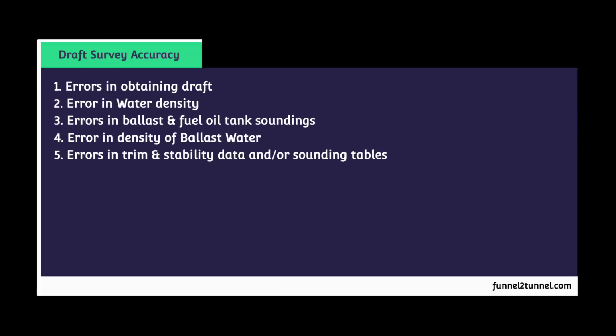As you know, the accuracy of the draft survey depends upon many factors involved during each stage of the survey. Just imagine a case where you failed to observe the draft carefully. Or the density measured was not obtained at the correct depth. Or just a simple calculation mistake leading you to obtain an incorrect hydrostatic draft.